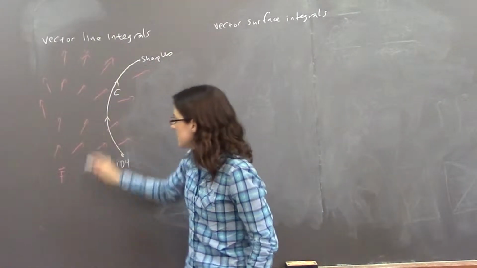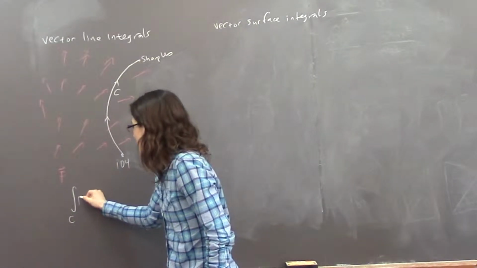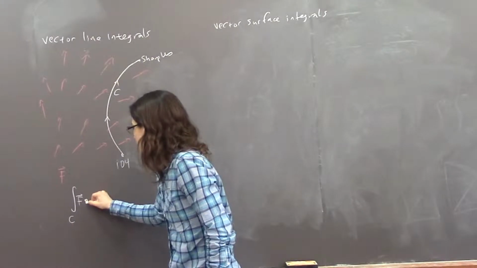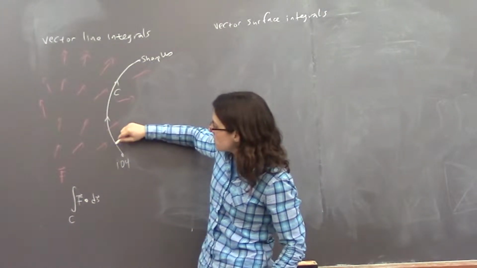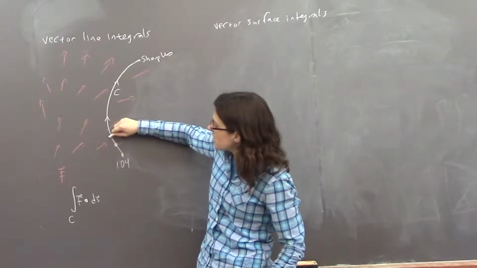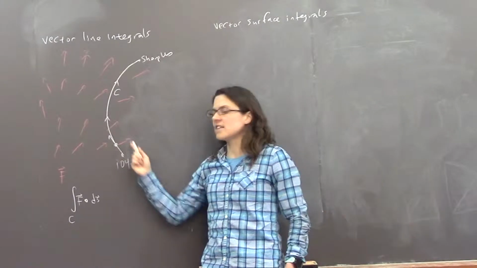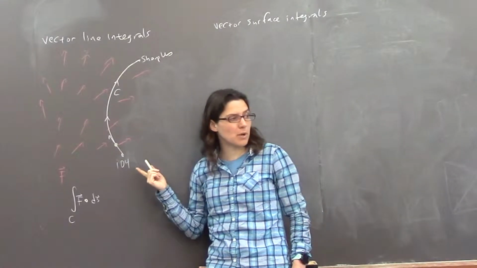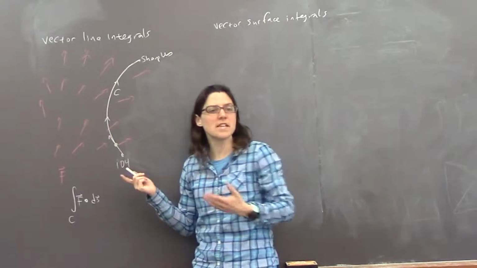And so a vector line integral is the integral over C of F dot ds. And here ds, this is all review, is a little bit of oriented line segment in the direction that you're going. And you add these up at each point. So here the dot product between these things is 0, meaning that the wind is not helping you or hurting you.